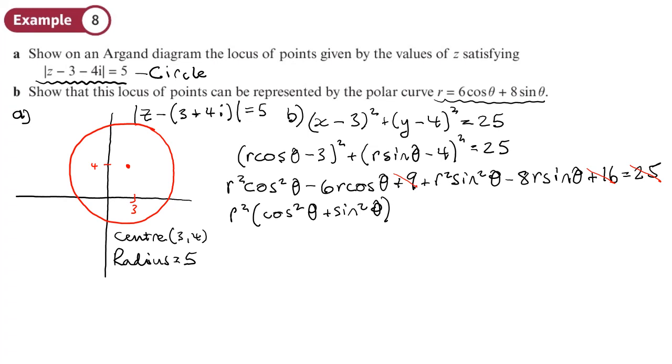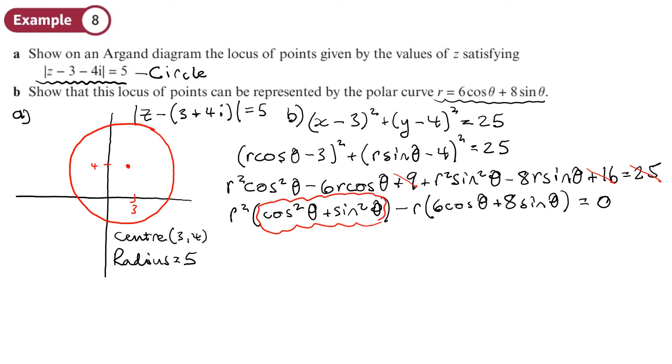We'll factorize the r, so I'm going to put minus r because both terms are negative, and that will be 6 cos theta plus 8 sine theta equals 0. I can change this to 1.